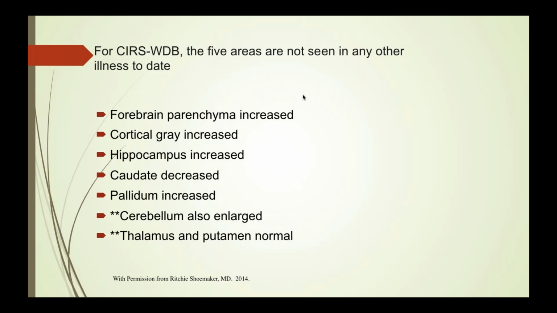And what was fascinating to us is that even though the symptoms are the same for biotoxin exposures and the proteomics are essentially the same except maybe C4A, the brain-related changes were unique. That in fact there was a fingerprint for mold and a fingerprint for Lyme, and they're not the same. So we see enlargement of the forebrain parenchyma, cortical gray matter, and hippocampus in mold, as well as atrophy or volume loss in the caudate.